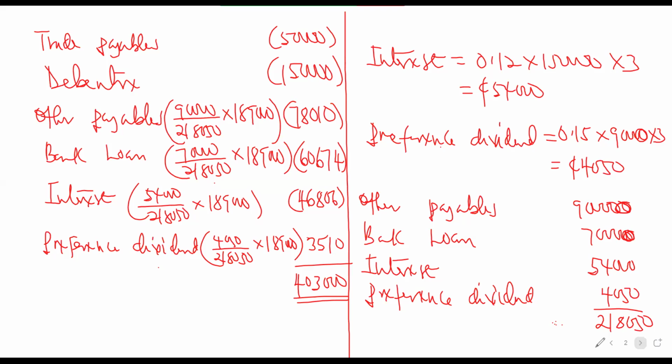But if they are asking you how much the creditors would not be receiving, what portion of their amount will not be received, then in this case you were supposed to pay the other payables 90,000. You are giving them 78,010. So out of the 90,000, how much are you paying? 78,010.